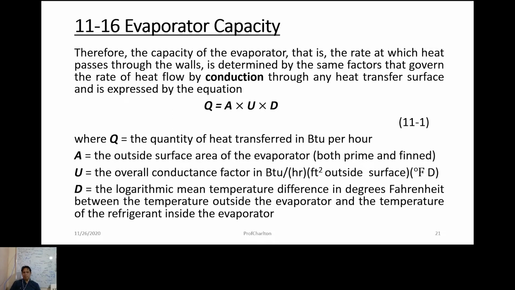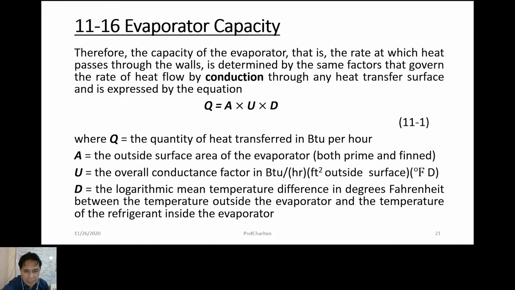What's the formula? We know that the evaporator is a heat exchanger, and when we say heat exchanger, it allows the exchange of heat from one form to the other. For example, from air going to the metal, or from air, absorbing the heat from the air to the fluid inside the tube of the evaporator.